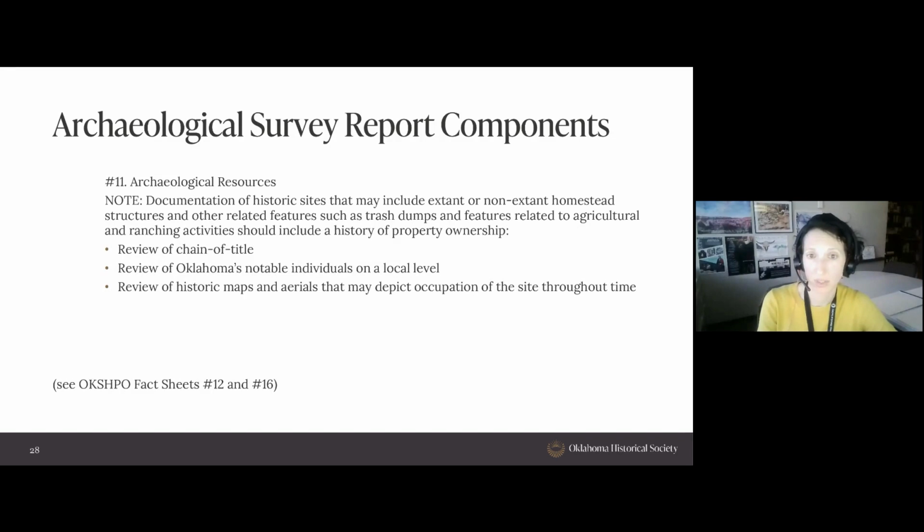I will jump back to number 11 on our list of requirements, archaeological resources.